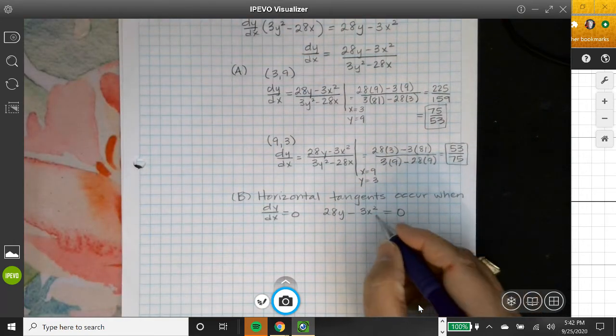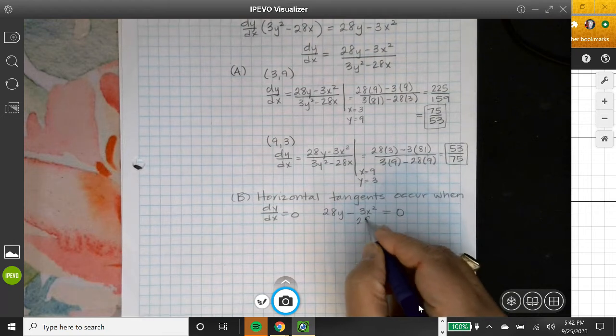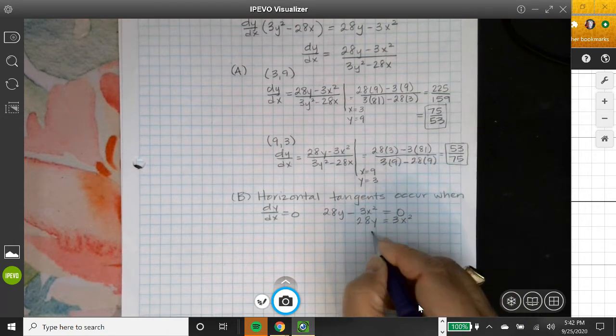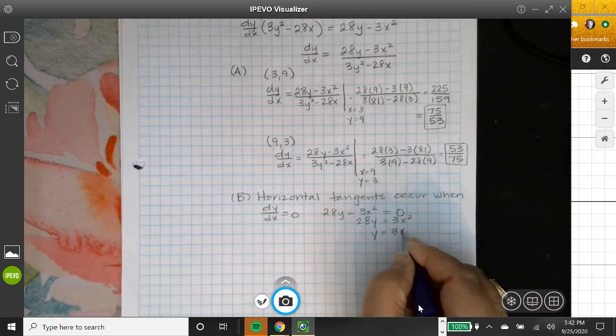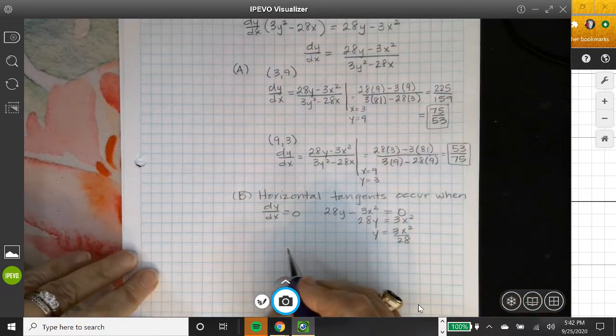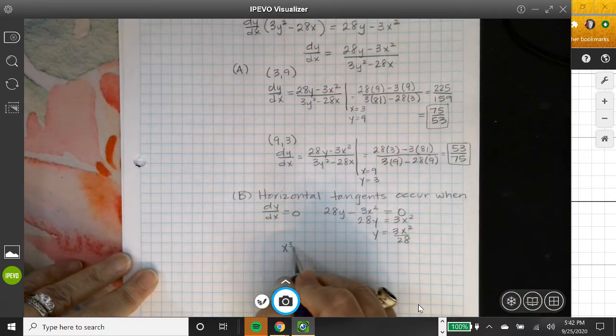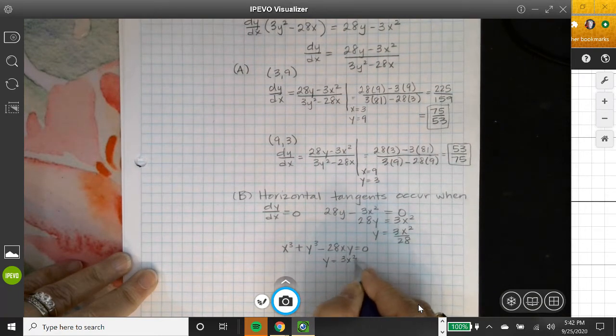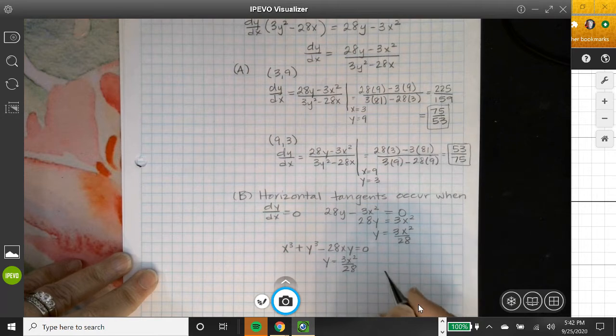All right, so what I'm going to do is say 28y equals 3x squared. So y equals 3x squared over 28. So I have two equations, which are x cubed plus y cubed minus 28xy equals 0, and y equals 3x squared over 28 that have to be true, right?